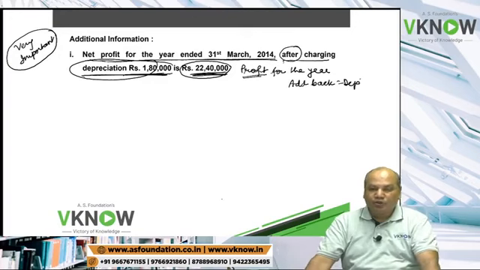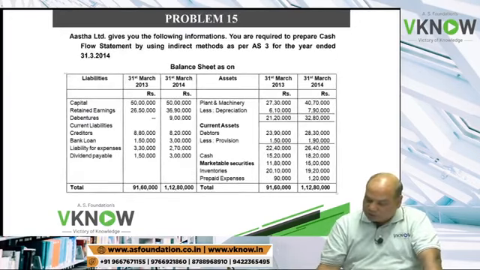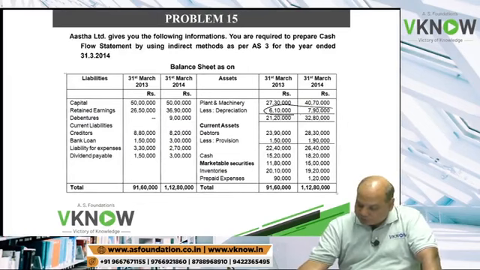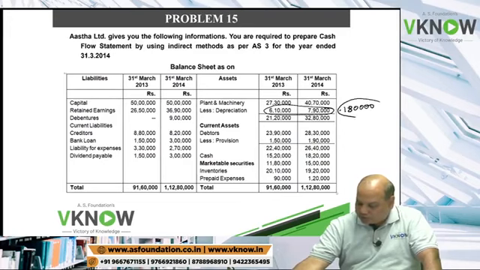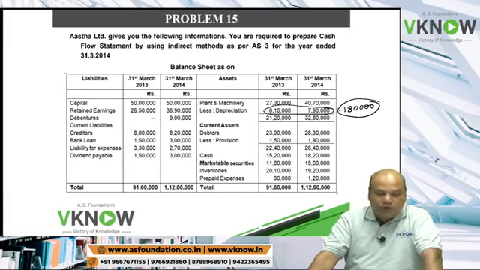I will go to the balance sheet again on the asset side. See this difference of depreciation. The depreciation, 6,10,000 and 7,90,000, is exactly 1,80,000.